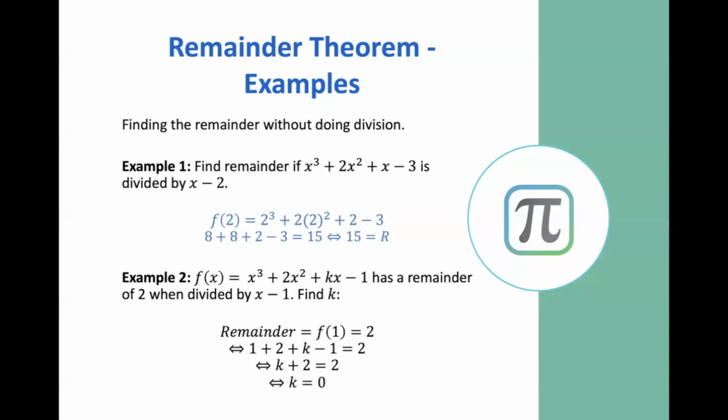Well, we work backwards, substituting 1 into the equation, so 1 cubed plus 2 times 1 squared plus k times 1 minus 1 gives us 1 plus 2 plus k minus 1, and that equals 2 because we're told that remainder is 2. Therefore, if we rearrange, k plus 2 equals 2, therefore k equals 0. f of x then would be just x cubed plus 2x squared minus 1.